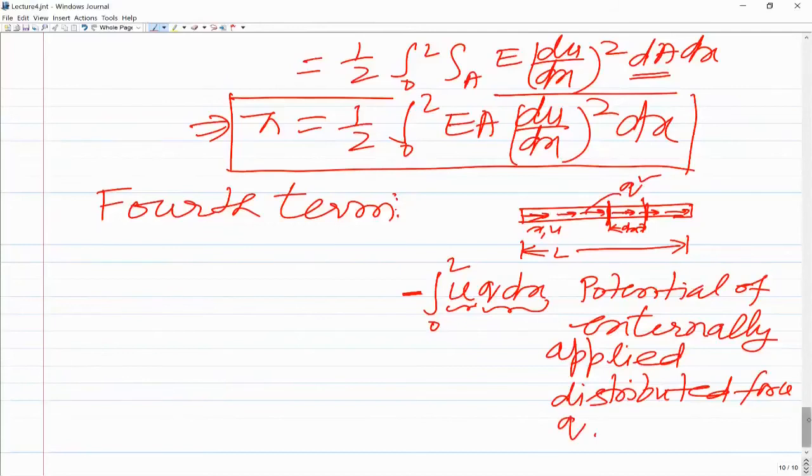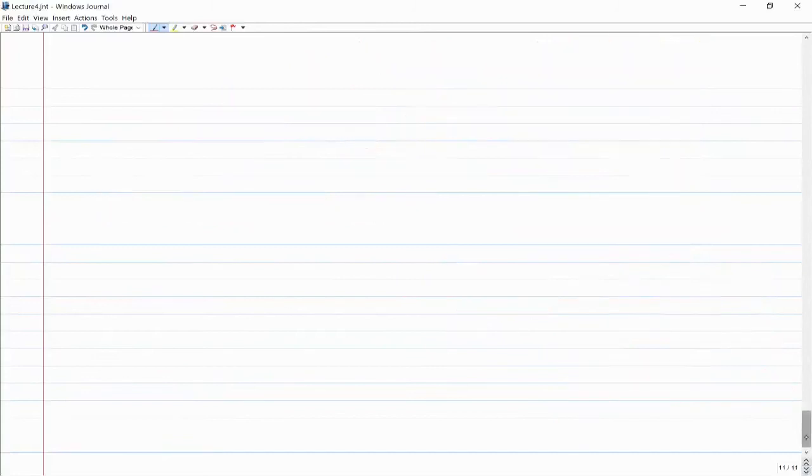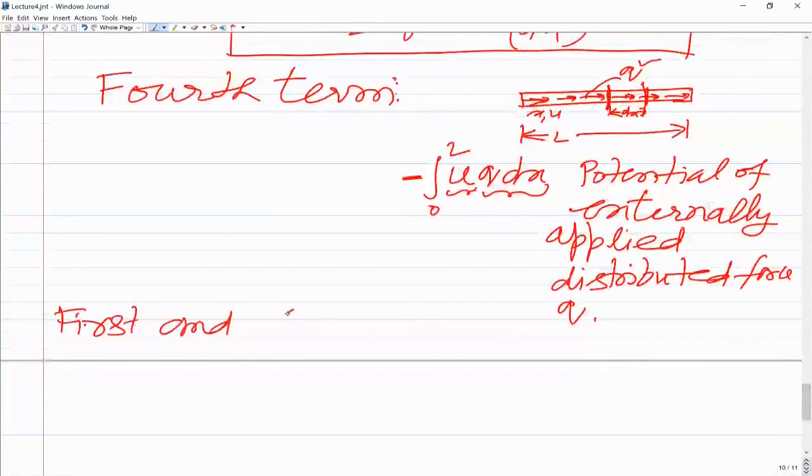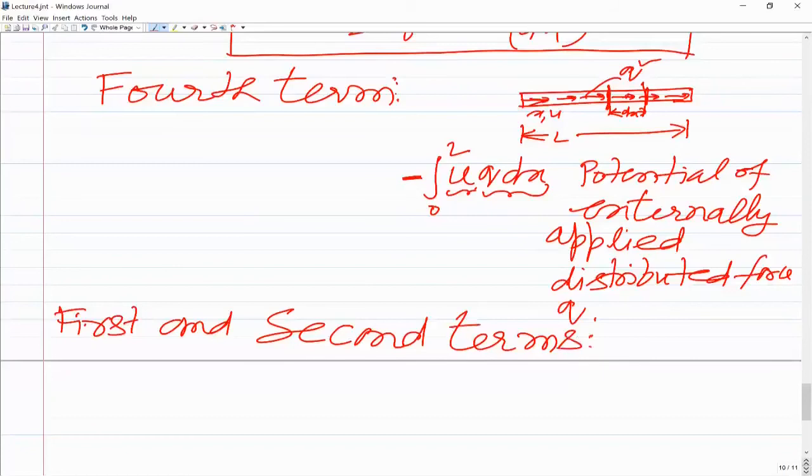Now if we want to look at the first and second terms, it is important that you understand this, because most of the time we may not start with a differential equation and then write the integral functional.